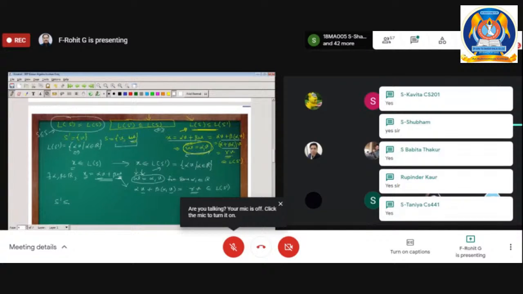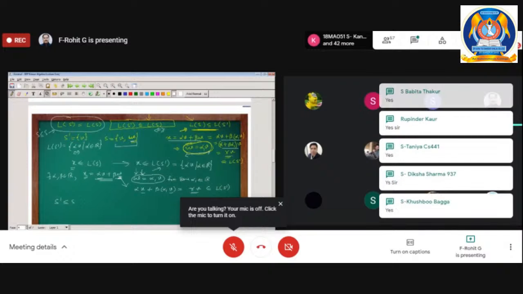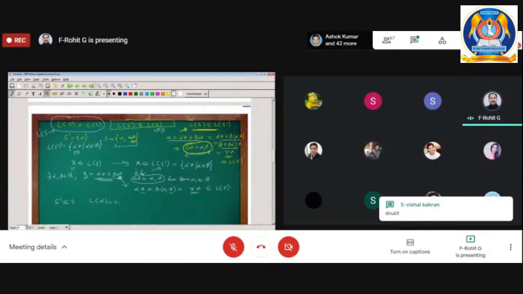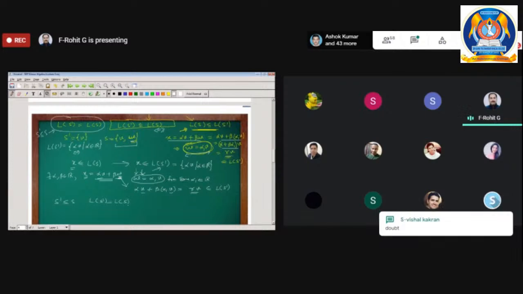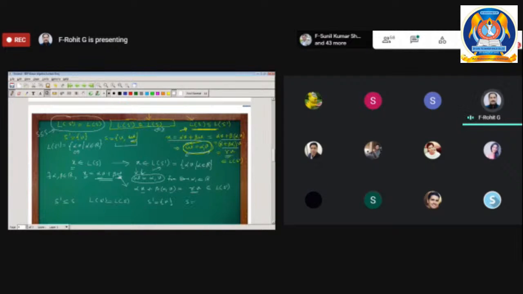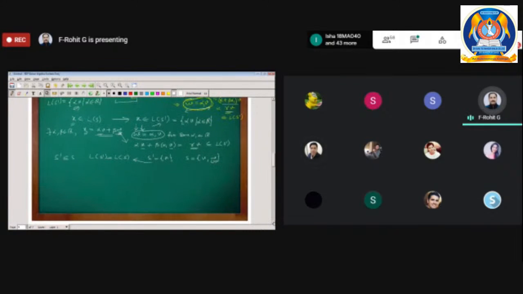If S dash is a subset of S, then L of S dash is equal to L of S. Taking a particular example, S dash is over V and S is over V, W. Their linear spans become equal to each other when the element which is not present in S dash is a scalar multiple of elements of S dash, right? So I am generalizing this now.